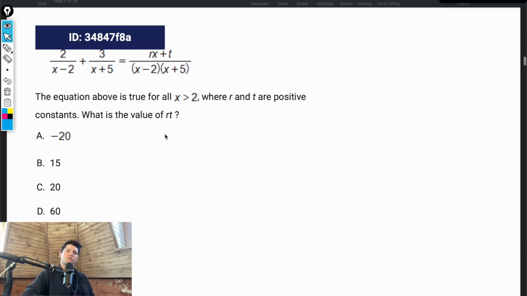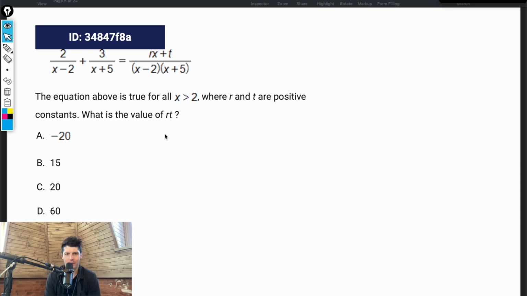Okay, so another question here. 2 over the quantity x minus 2 plus 3 over the quantity x plus 5 is equivalent to rx plus t all over the quantity x minus 2 times the quantity x plus 5. So what is the value of rt?